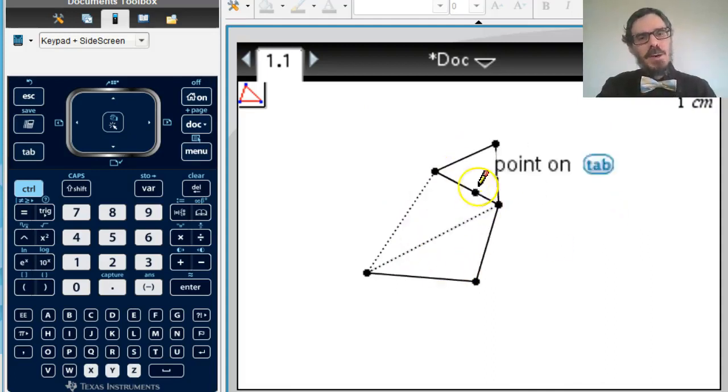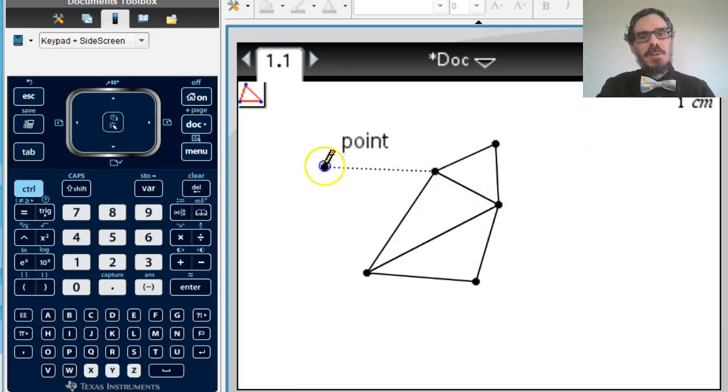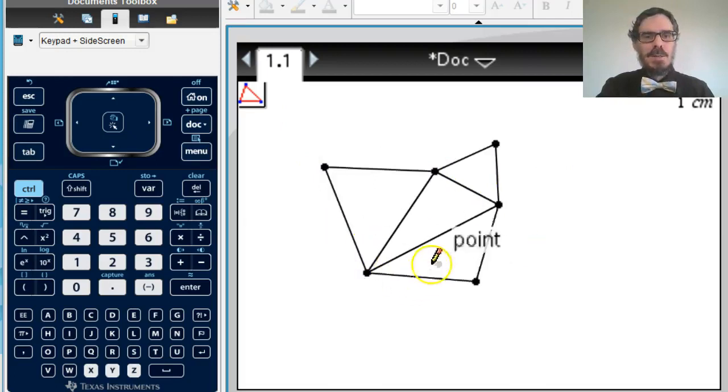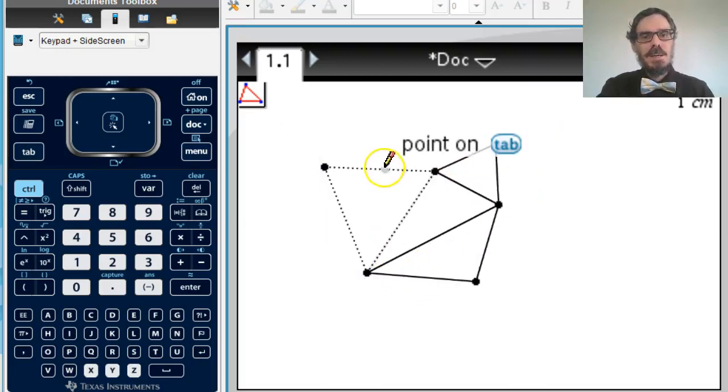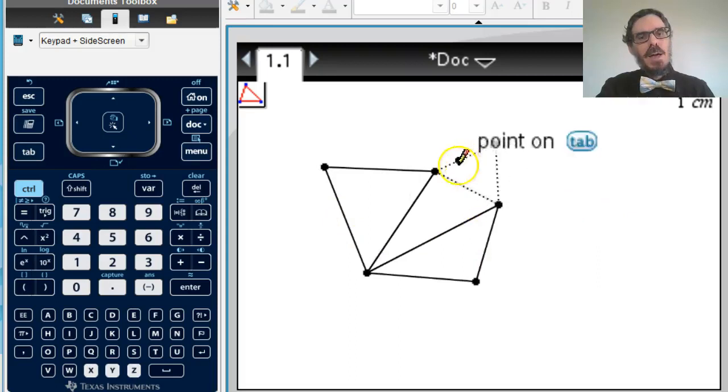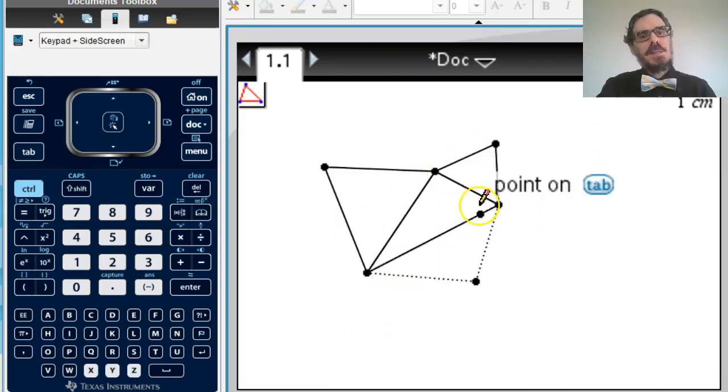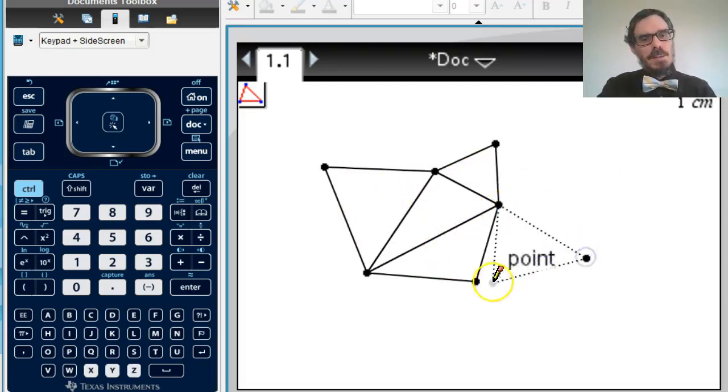This 5-sided figure has 3 triangles inside it, 5 minus 2. If I make myself a 6-sided figure, this 6-sided figure has 4 triangles inside it. And I've still got all the angles at the outside of that 6-sided shape. So 6 sides has 4 triangles, 7 sides has 5 triangles, and I could keep going.